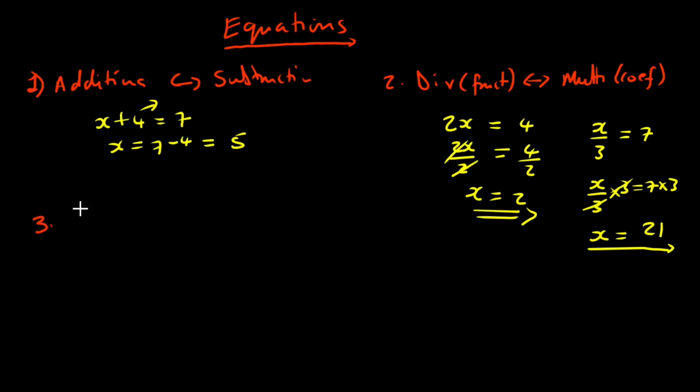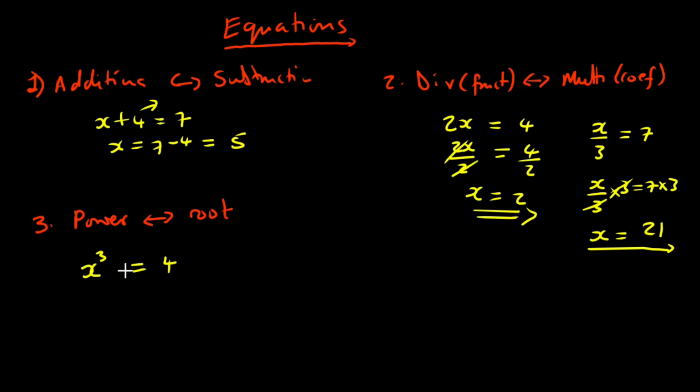In number 3, where there is power, we remove by root. And where there is root, we remove by power. That means if I am given something like x to the power 3 is equals to 4, then to deal with this one, I need to remove this power.